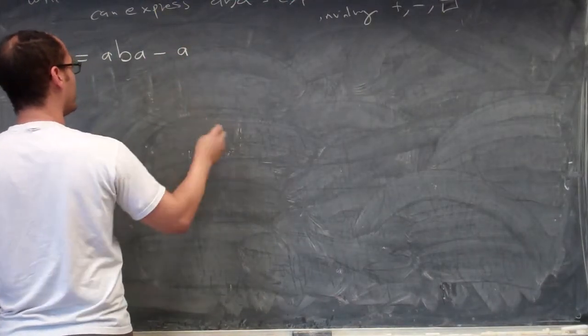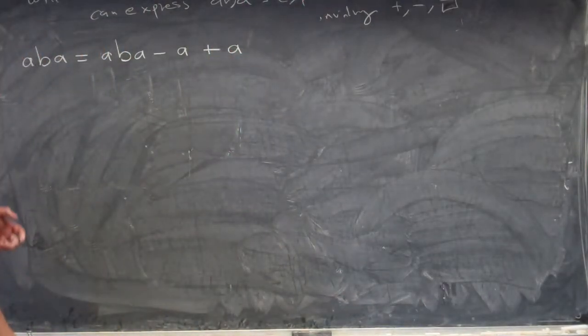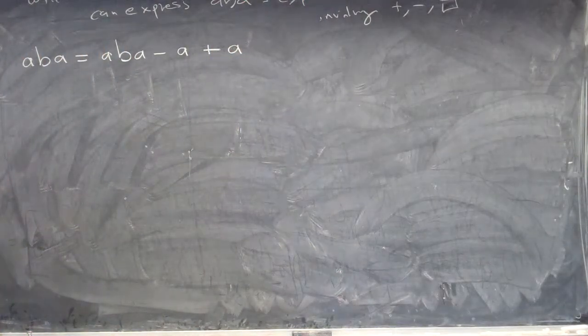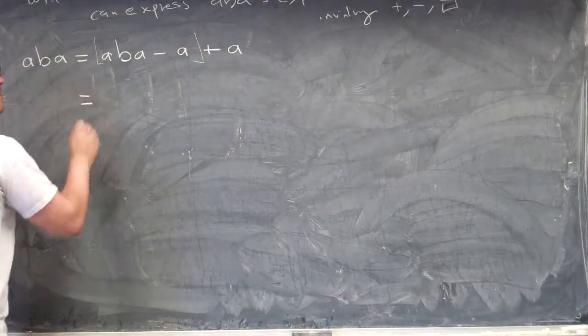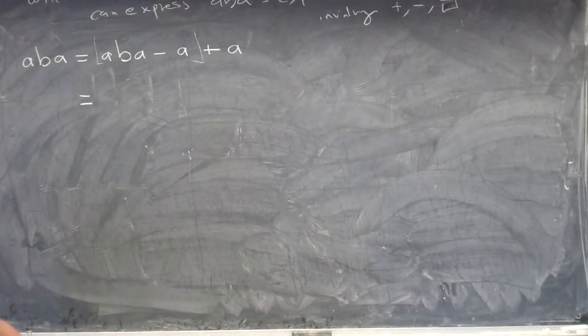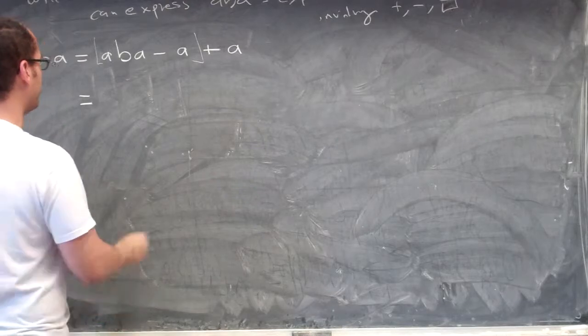So I'm going to subtract and add A, and I'm going to just focus on this piece over here. And this will let me pull out, I can certainly pull out a factor of A on the right.